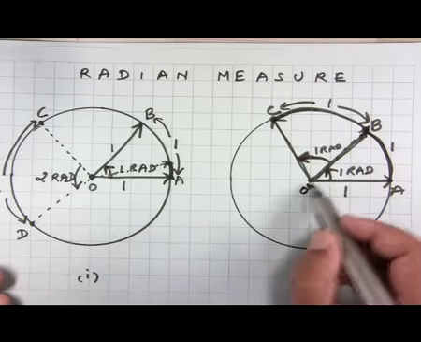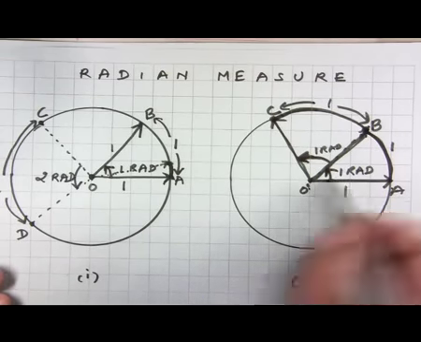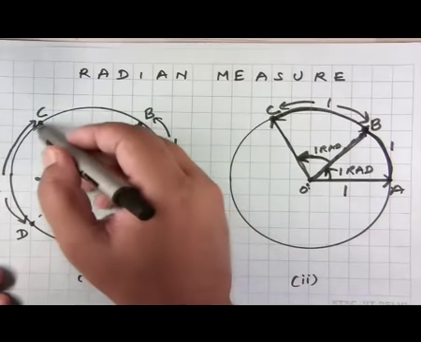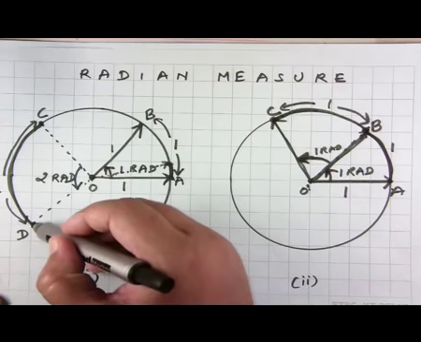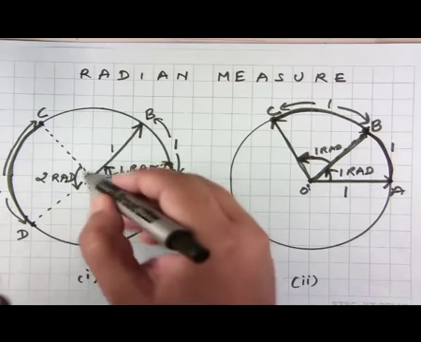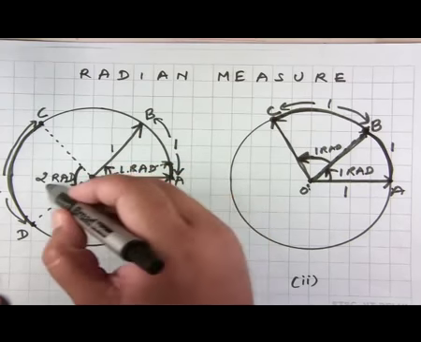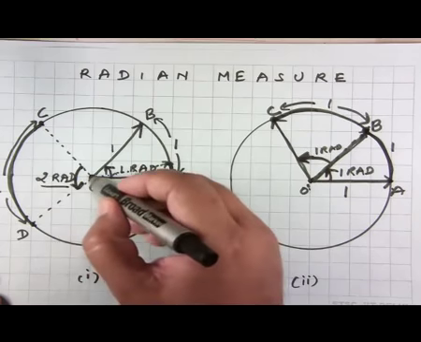because if you now find out the answer to this question, where we were asking you to find the length of this arc CD, which subtends an angle of 2 radians at the center of the circle.